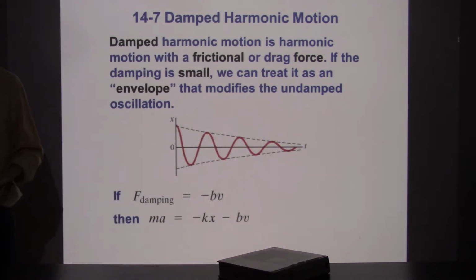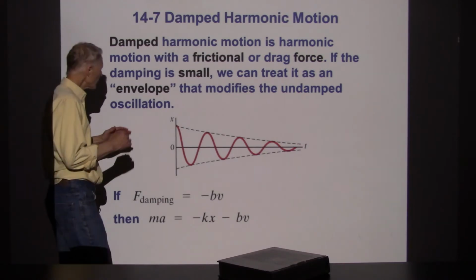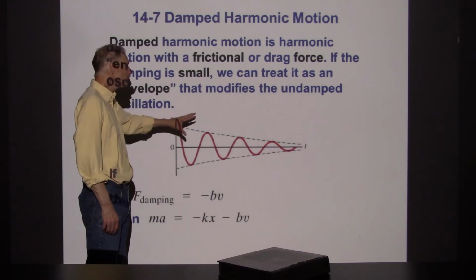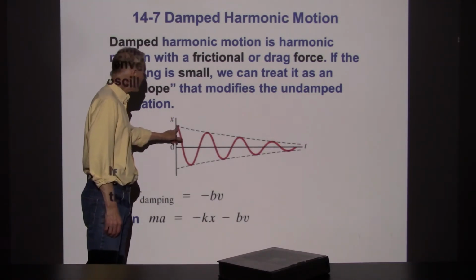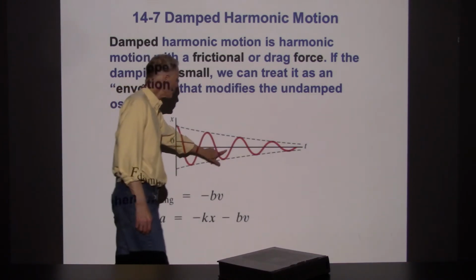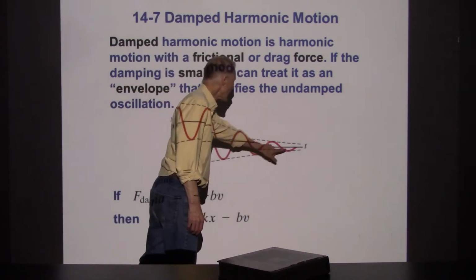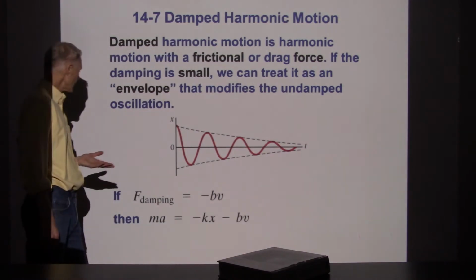Something is opposing the motion of the oscillating object, and so as a result, the amplitudes are decreasing with time. So the amplitudes, little by little, or a lot by a lot, are dropping off. What we're expecting then, a more realistic picture, would be an amplitude that drops off with time as the system oscillates.